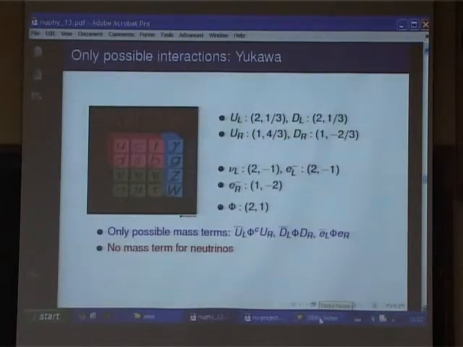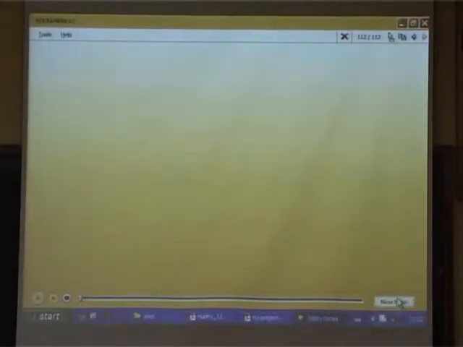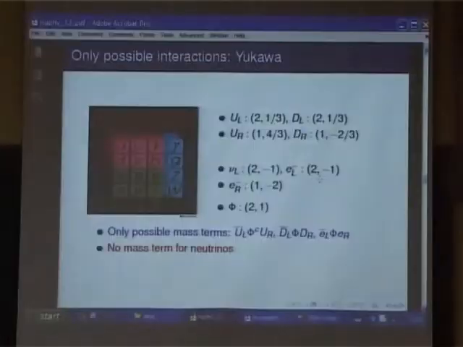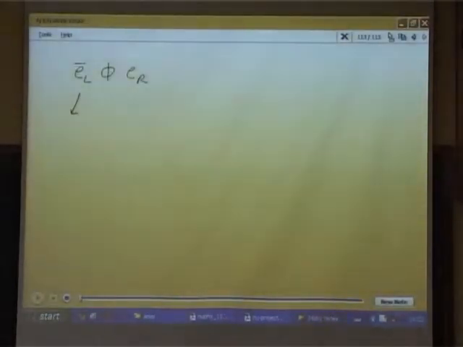So let's look at a term which is ĒL bar times φ times ER. So ĒL bar is this, it was 2, minus 1. Therefore, ĒL bar is in the doublet, but it's ĒL bar, so Y becomes plus 1 because it's going up.